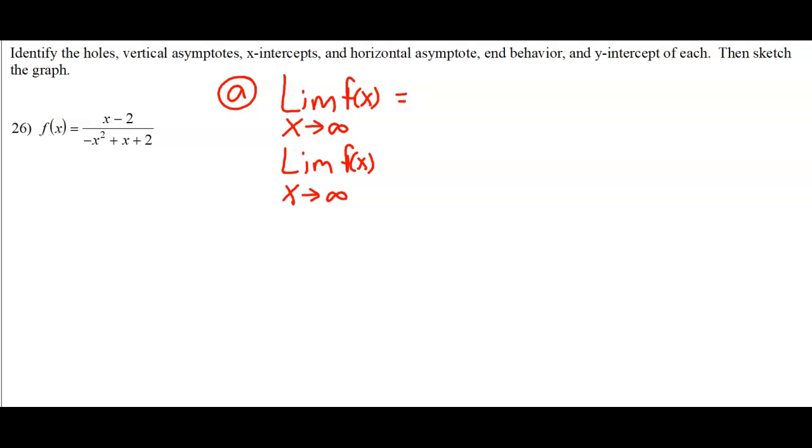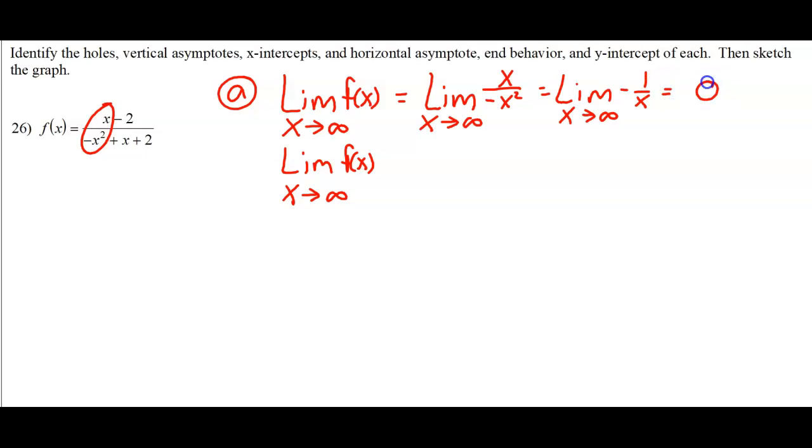And so what we do is we take the front leading terms there, and it's going to be x over -x squared, which reduces to -1 over x. And we talked about this form. When you have that, it comes out to be 0. I forgot my little negative down here.